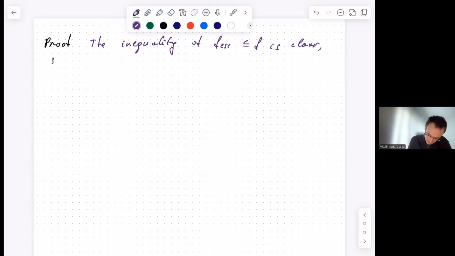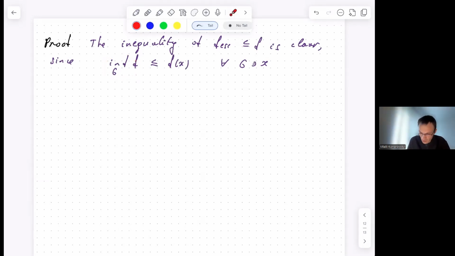Since the infimum over G of the function f is always less or equal than f of x for every G that contains the point x, because in particular, x is also in the set G, therefore the infimum can only be smaller than the value of f of x.